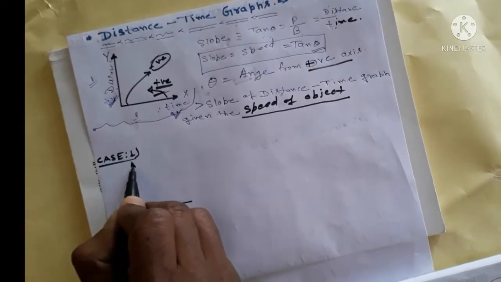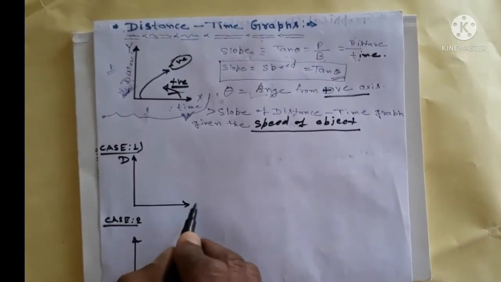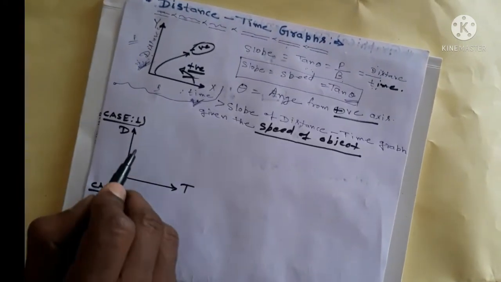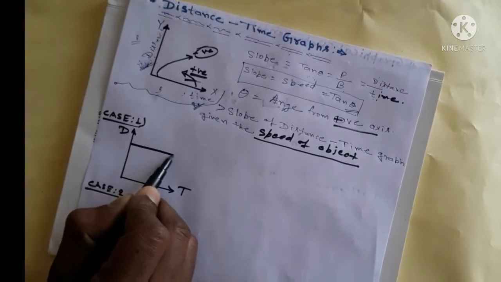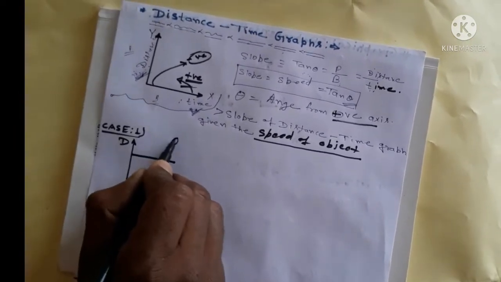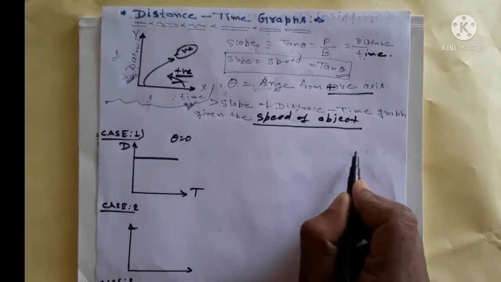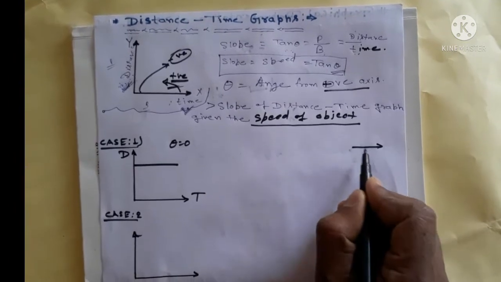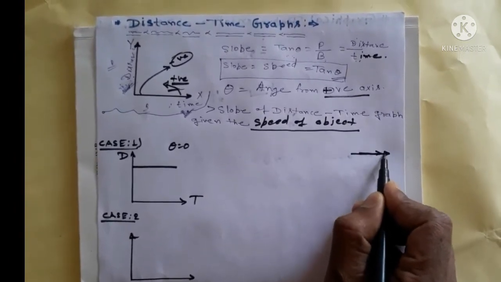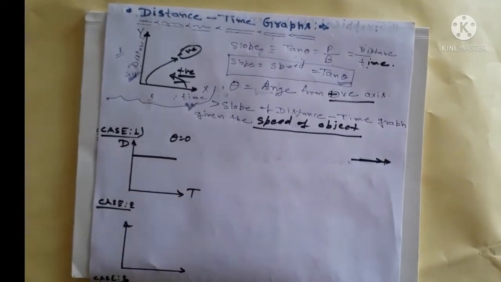The y-axis represents distance and the x-axis represents time. This line is parallel to the x-axis, which means theta is equal to 0 degrees. Suppose this is the x-axis and this line is at 0 degrees, so both are parallel, so theta is equal to 0 degrees.